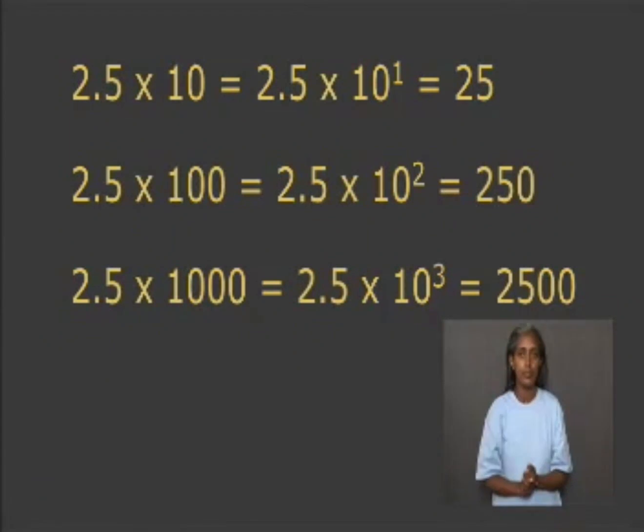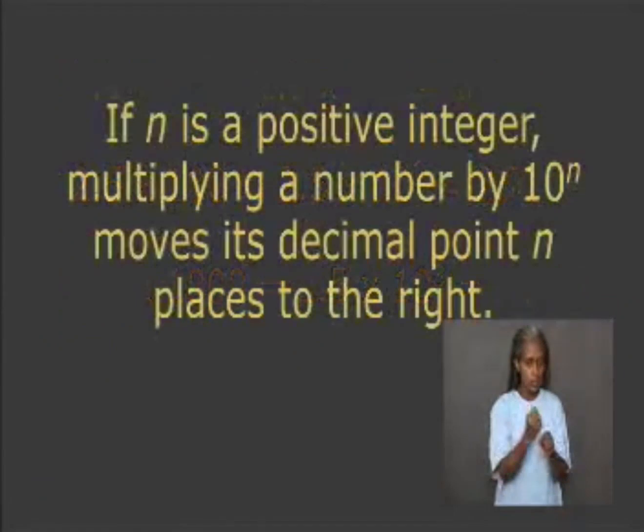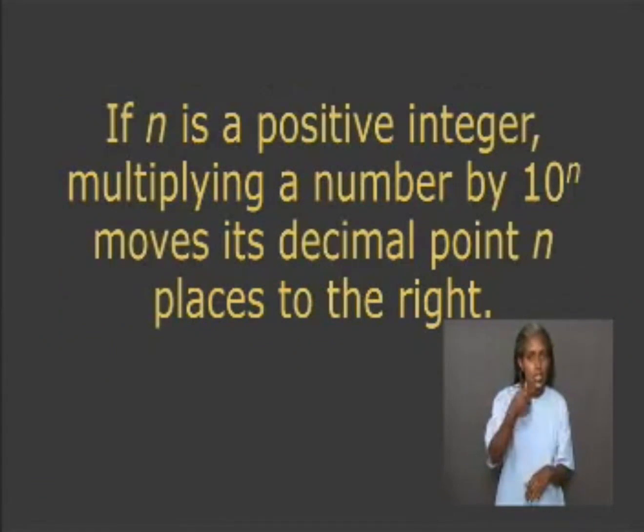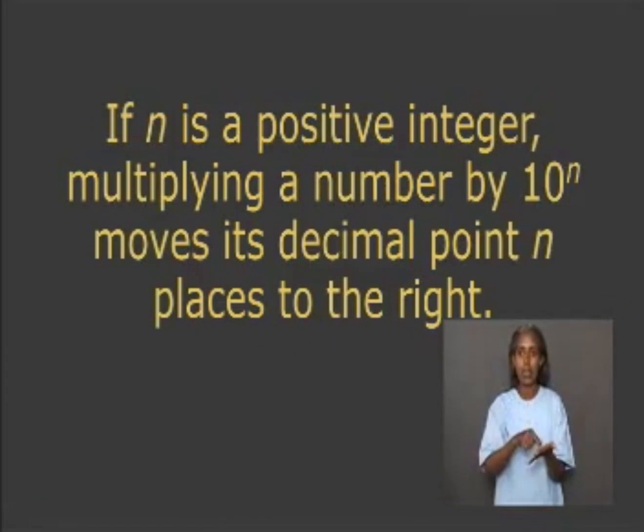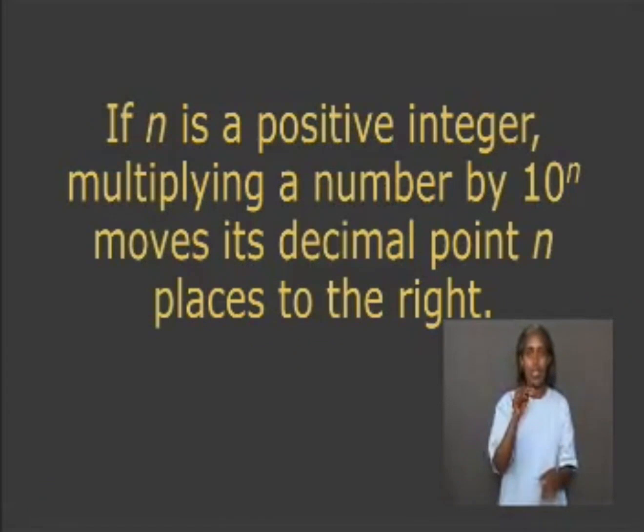Great work, students. We can express this method mathematically by saying that if n is a positive integer, multiplying a number by 10 to the nth power moves its decimal point n places to the right.